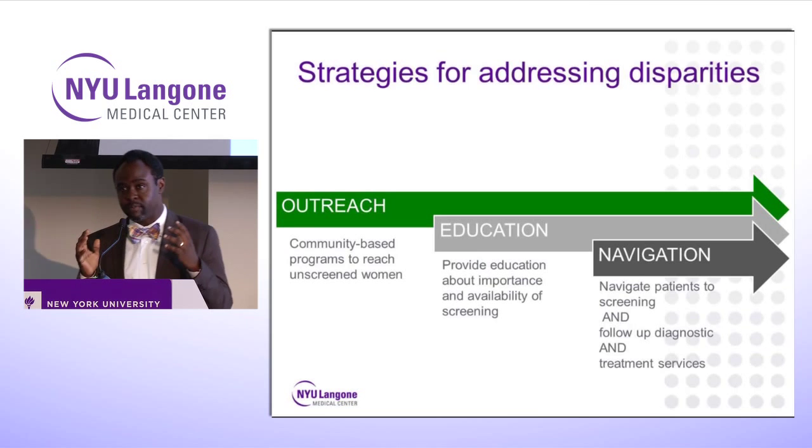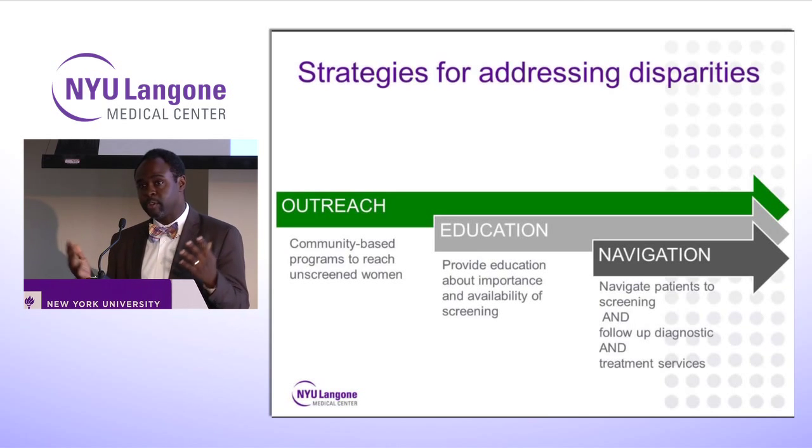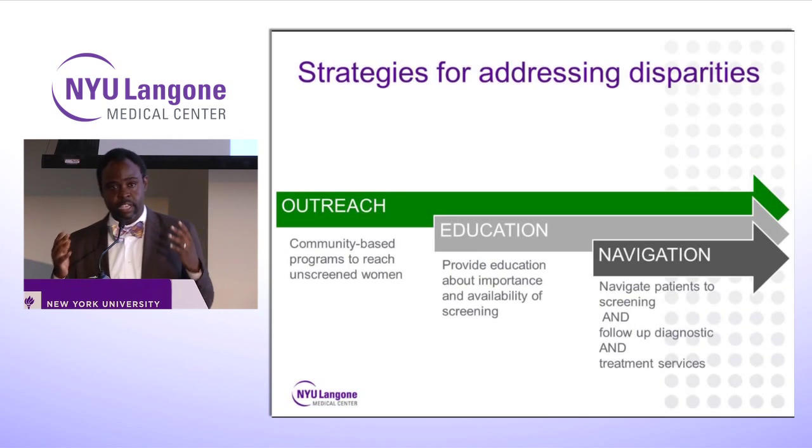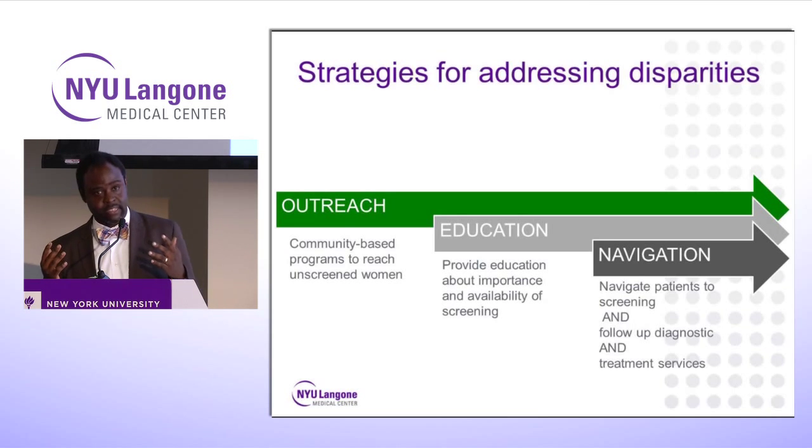We would obviously like that to be 100%, but 70+% is good, and in some neighborhoods in Harlem, it's actually higher than 80%. So we think screening could obviously be better, but one of the major places where we're missing the boat is in following up abnormal tests.